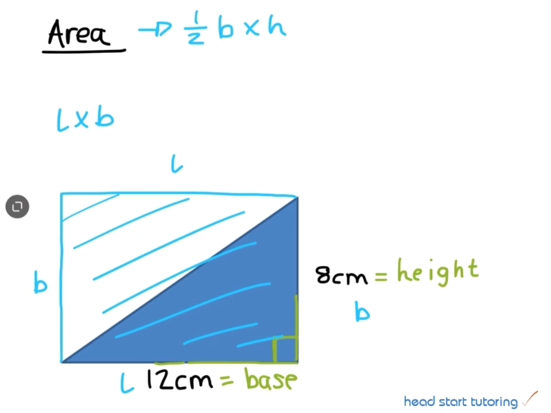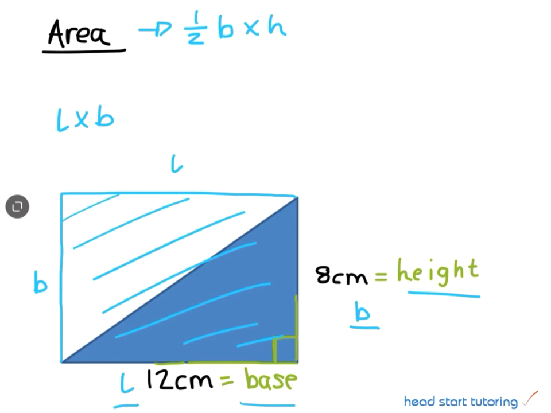So another way of working out the area of a right-angled triangle is to work out your base times your height. So it's base times height, which is equivalent to length times breadth in a rectangle, and then you divide it by 2.